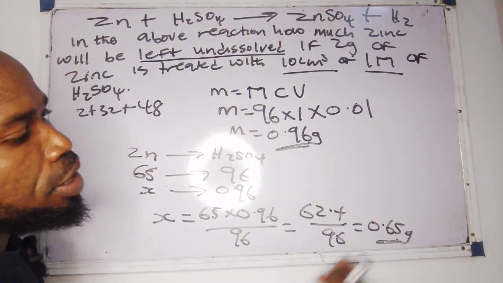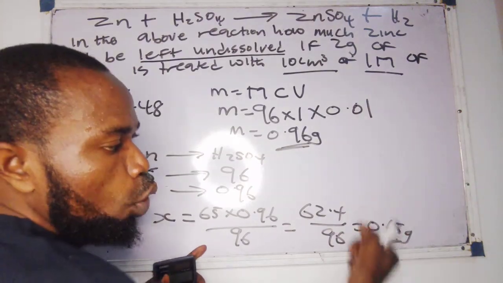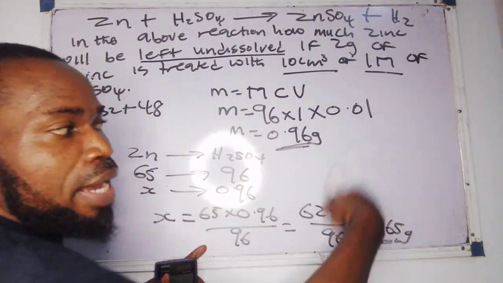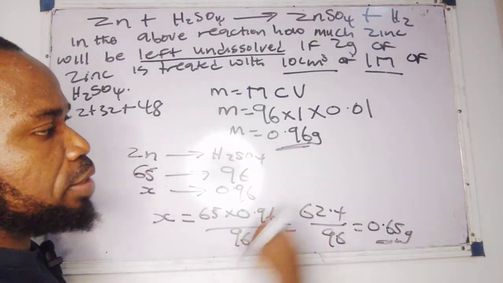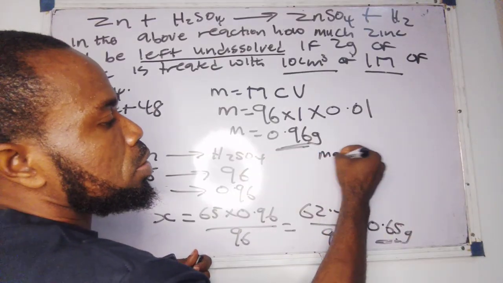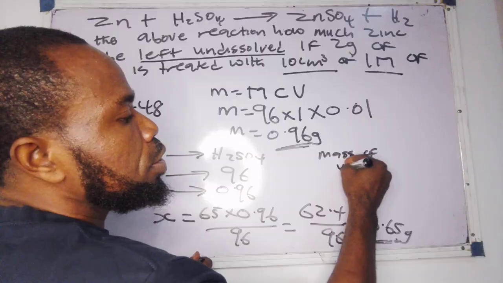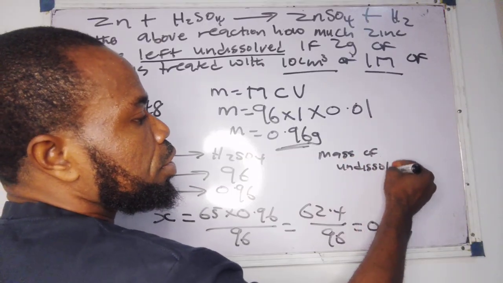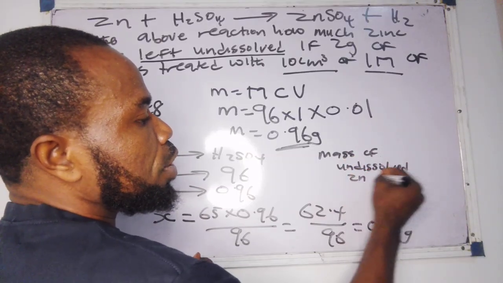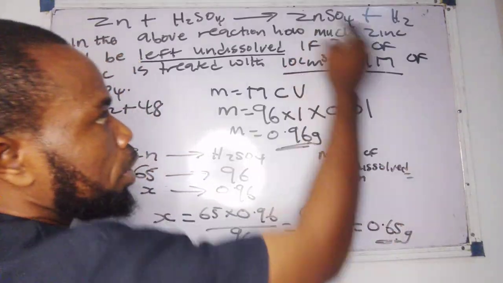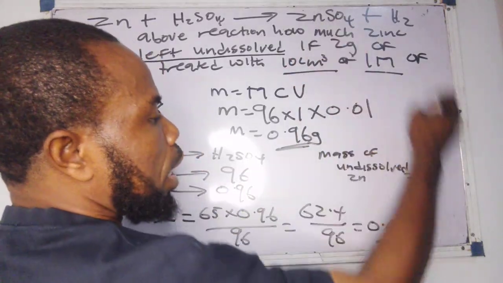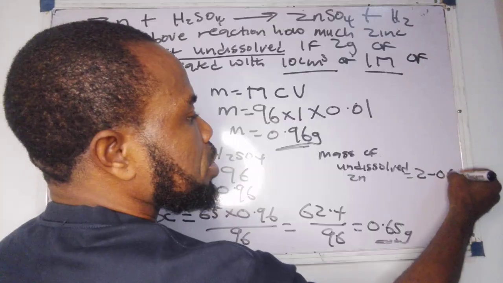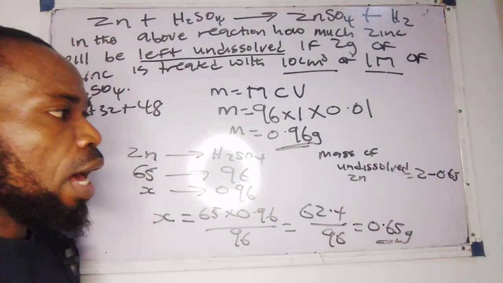So since we have already gotten the mass of zinc that dissolved, for us to get the mass of zinc that is not dissolved, look at it now. Mass of undissolved zinc will now be equal to 2 grams minus 0.65.